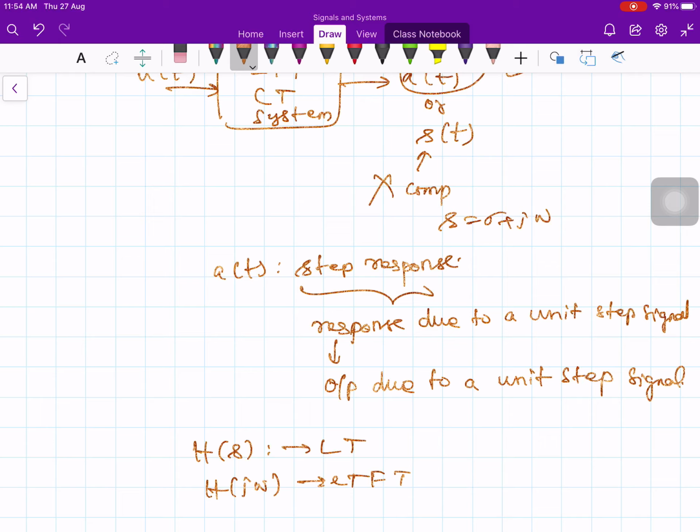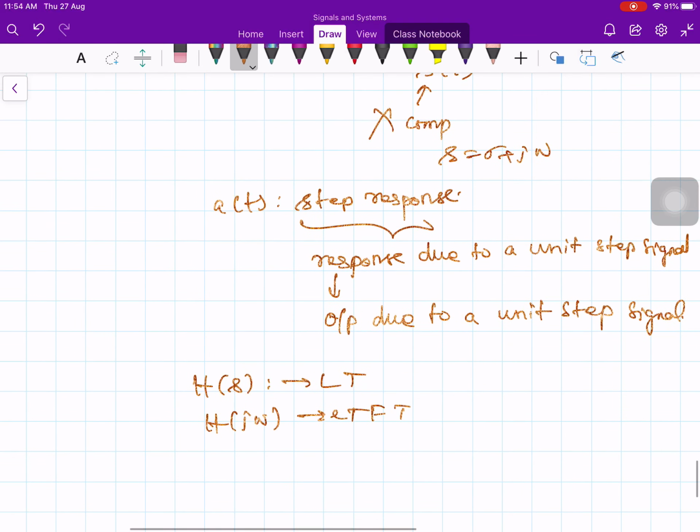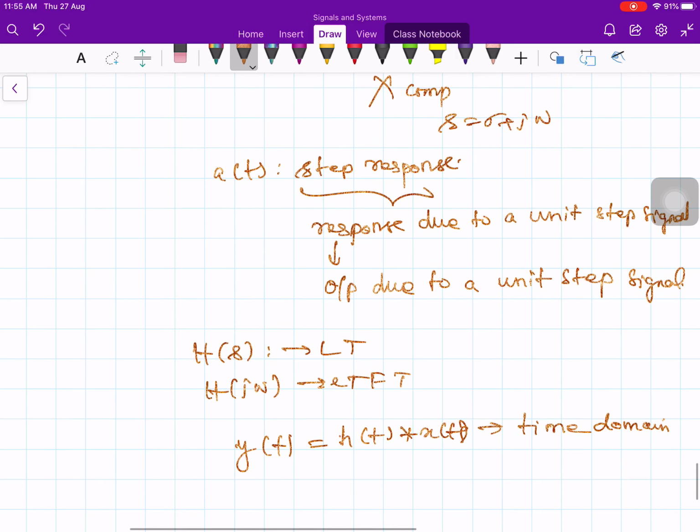So we can carry out the work either in the time domain using the impulse response like we did in the previous lectures, like y of t is equal to h of t convolved with x of t. This operation is called a time domain operation. Or we can carry out the output due to frequency response in terms of h of j omega and h of s.